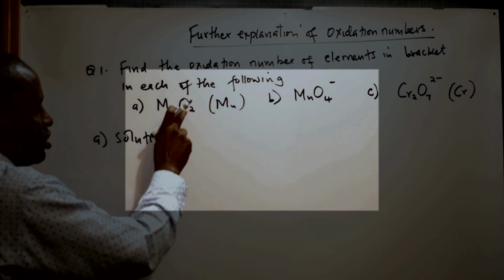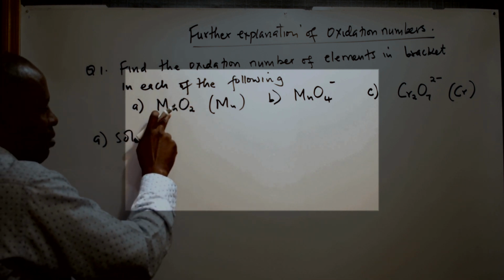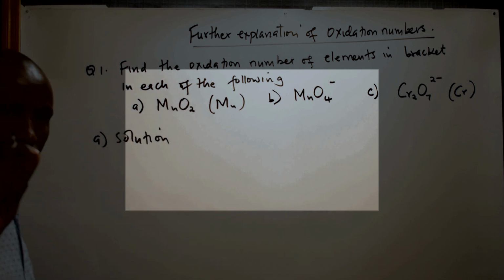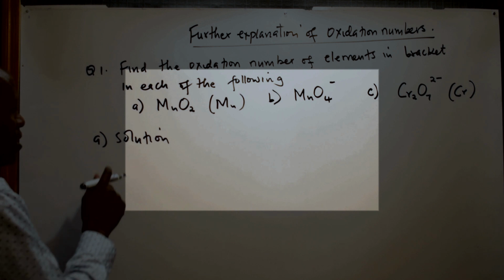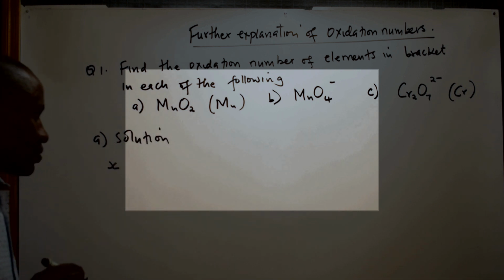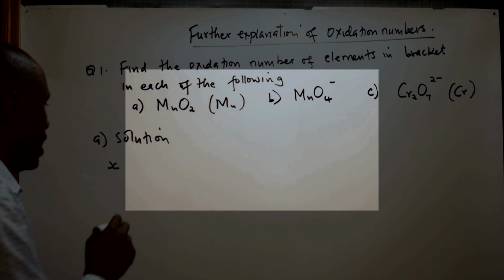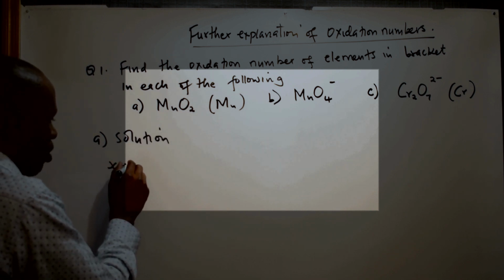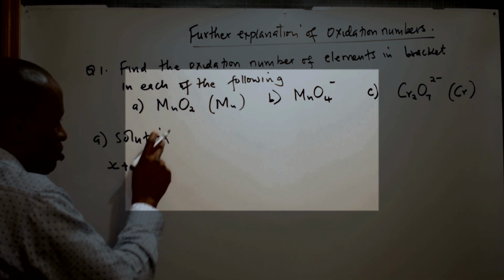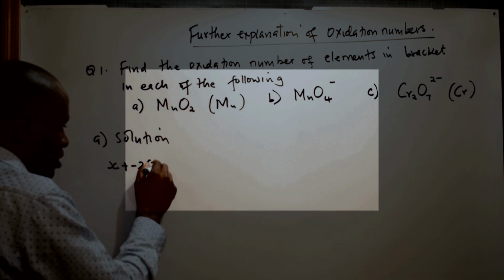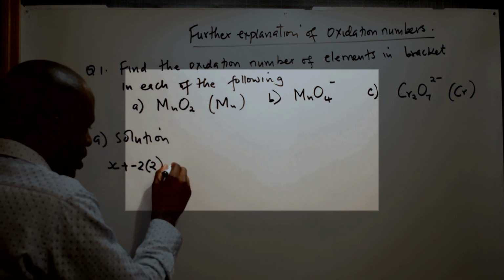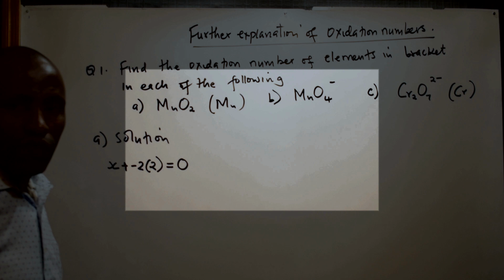As far as my rules are concerned, the sum of oxidation numbers of elements in a compound is 0. That means if I take the oxidation number of manganese to be X, and the oxidation number of oxygen to be -2, and there are 2 oxygens, I multiply by 2, then I should get a sum of 0.